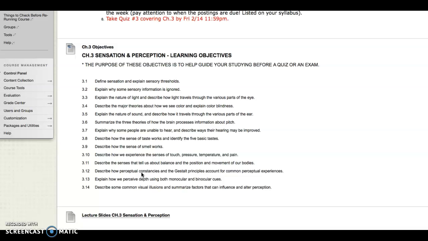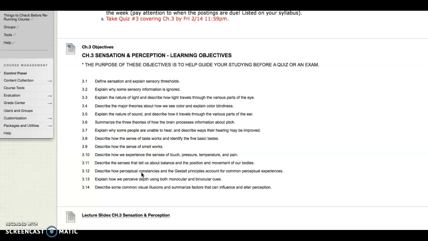We'll take a look at taste and smell, as well as the senses of touch, pressure, temperature, and pain, a little bit on those. And then there's where we sort of make a shift from talking about sensation into perception, like perceiving our world. Perception is more subjective.